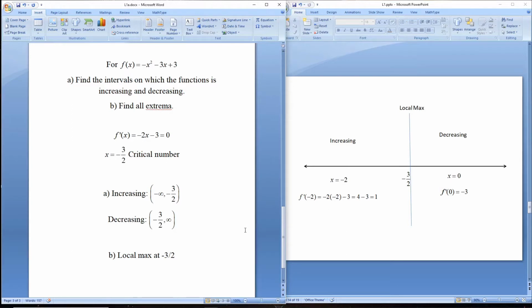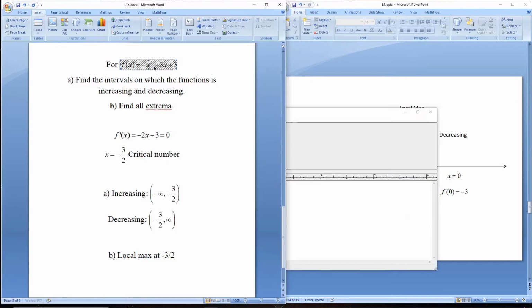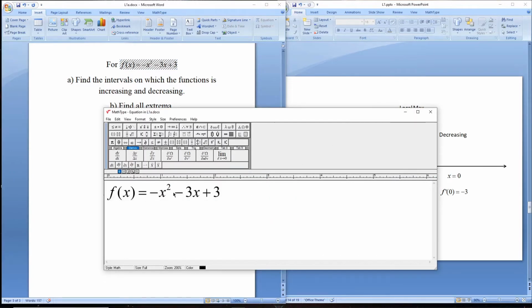Now, this is going to be perhaps a little bit trickier when the domain isn't given to you. But if you remember some stuff about polynomials and their end behavior, remember their end behavior is dominated by the dominant term. So the dominant term in this case being minus x squared.